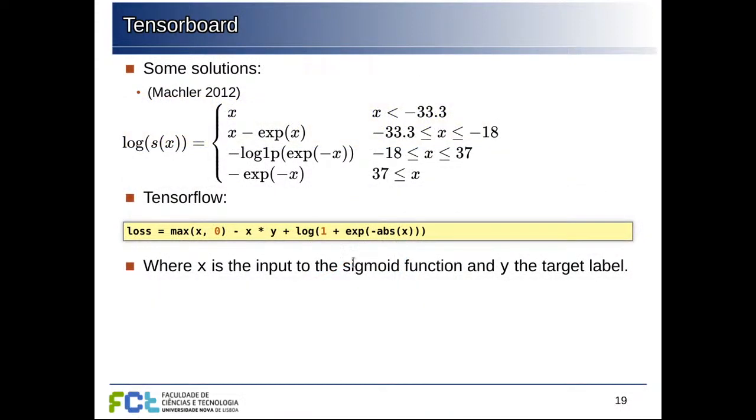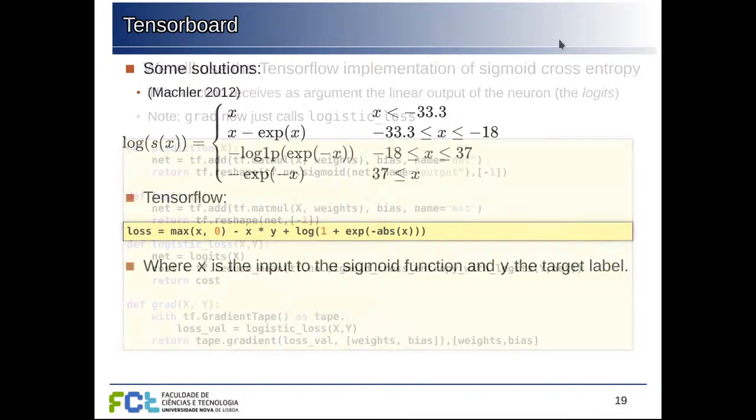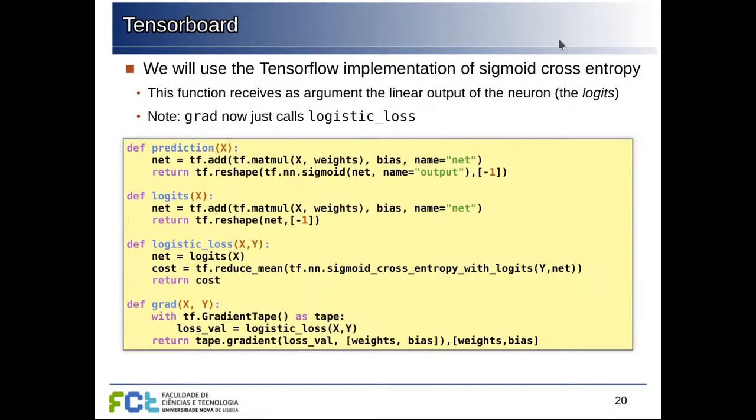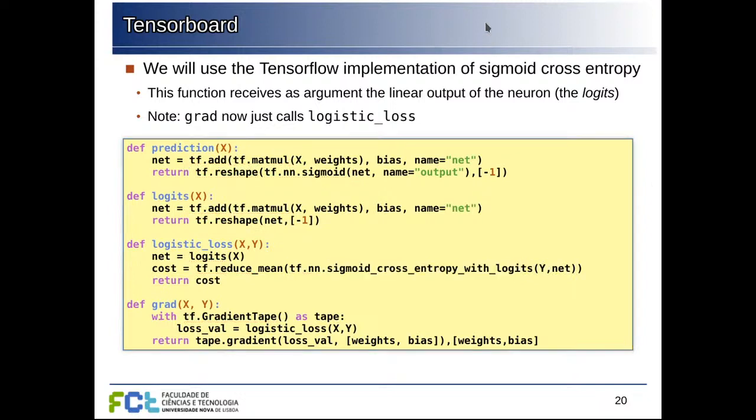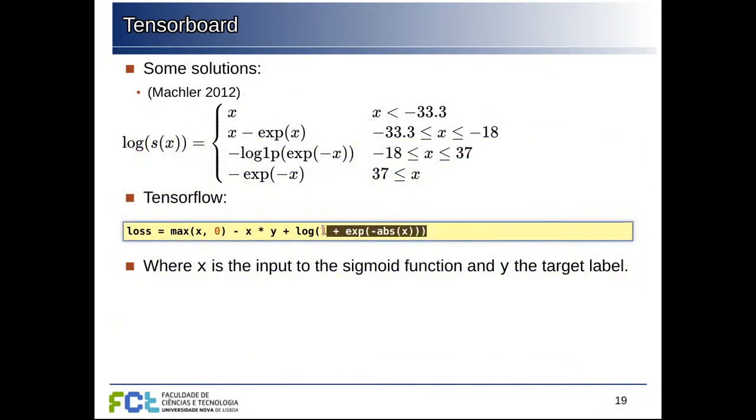And so this way of computing this is more stable. We can do this by using the sigmoid cross entropy with logits from TensorFlow, which does this computation in this way, that allows us to compute that logistic loss without numerical instability.